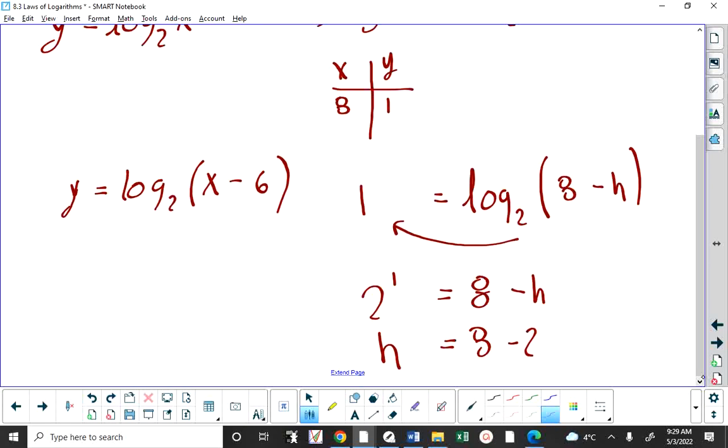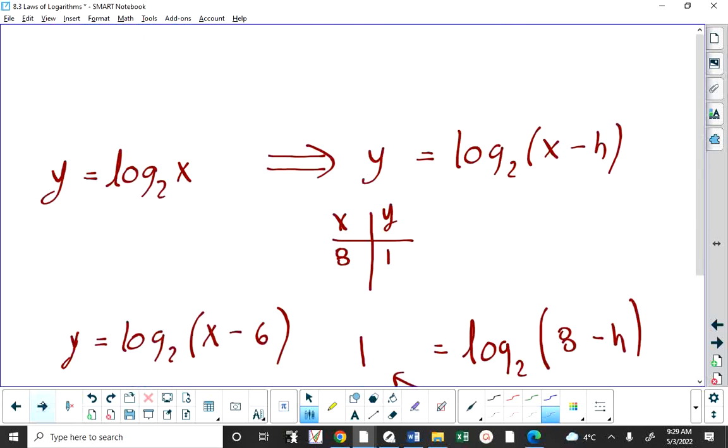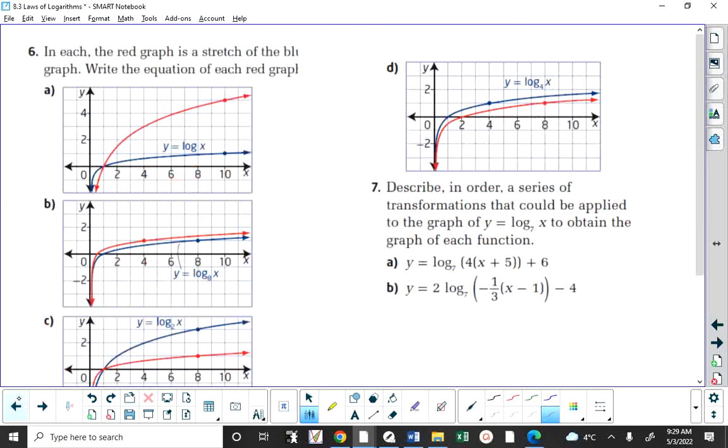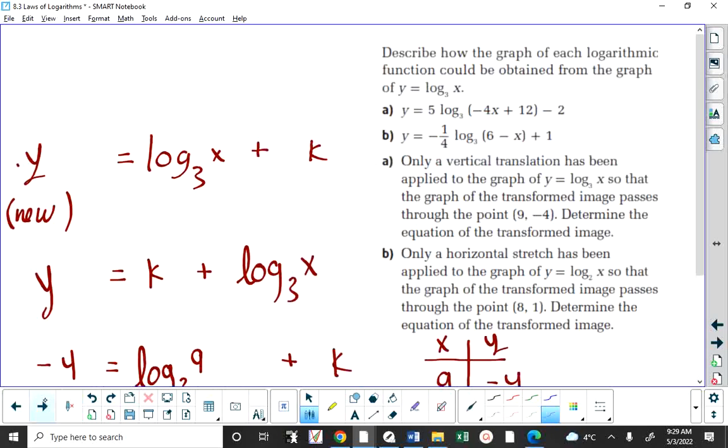In 10a, the equation that we figured was negative 4 equals log base 3 of 9 plus k. And when you solve for log 3... Can you just stop for a second? Are you talking about this question here? Yes. Okay.